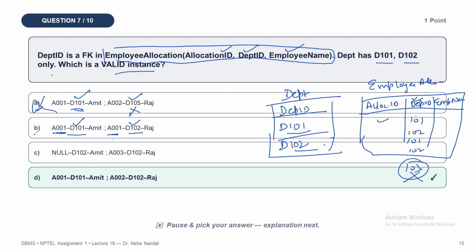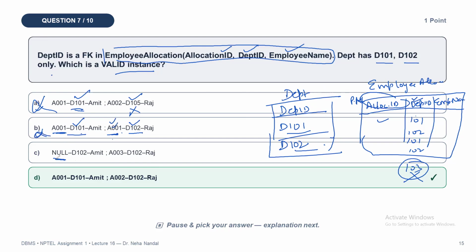So ruled out. Now see this one. Department ID is a foreign key, and here department ID is a primary key. Here allocation ID is basically serving like a primary key. Although it is not given, the values are given like that only. So it is duplicate also, so that's ruled out.